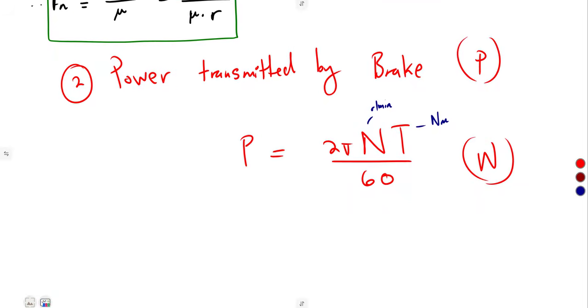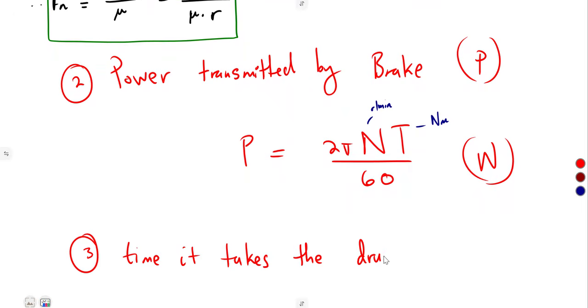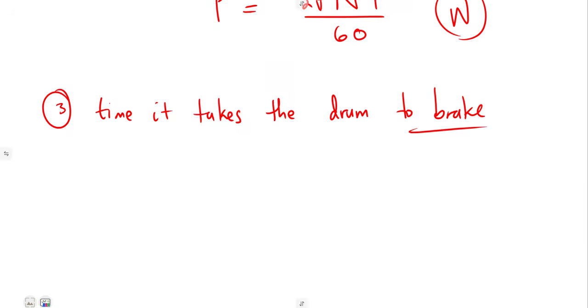Another part that I can just add is on the time it takes the drum to break. All right, let's consider that one. The time it takes the drum to what? To break. You must also consider this one as part of your formulas.